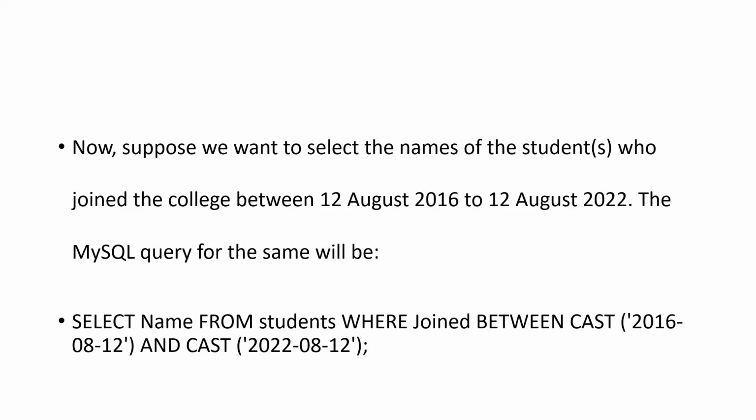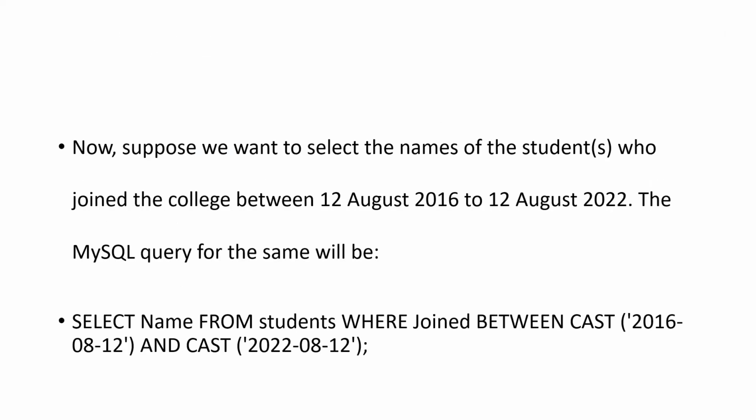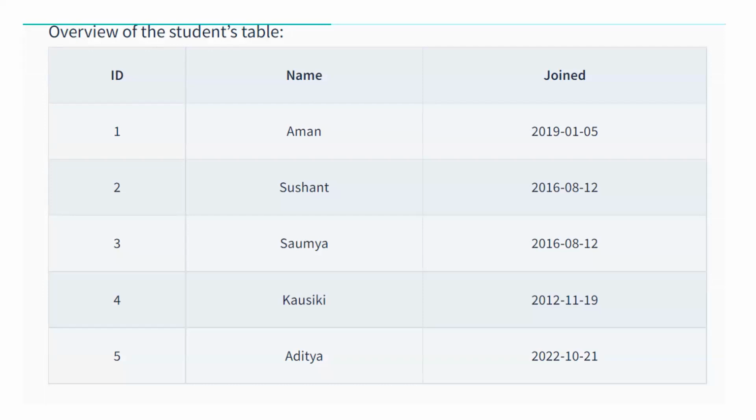It will fetch records from 12th August 2016 to 12th August 2022. Then 2016, 2019, 2022. Only one record is missing because that join date is 2012. We are fetching only from 2016 to 2022, so we get four records from the table.